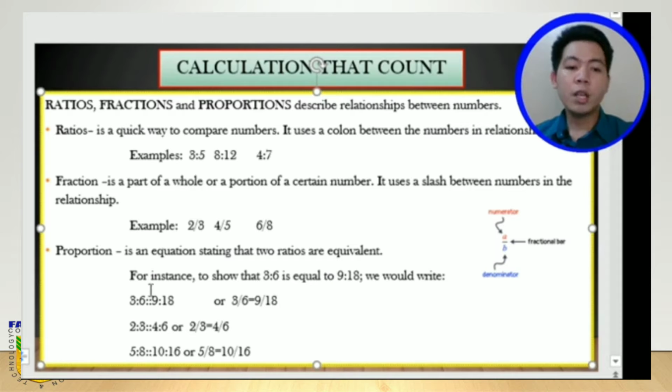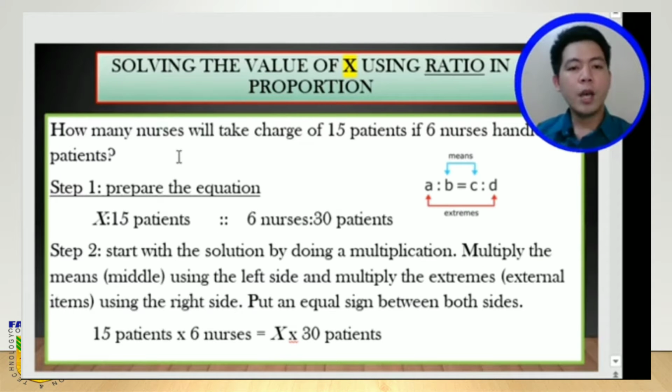Meron ka ditong double colon na kapag proportion. Alright? So, next naman we have 5:8 as 10:16 or 5/8 is equal to 10/16. Alright? So, ganyan po yung pagsulat at pagbasa ng ratio, fraction and proportion. Now, dire-diretso na po tayo for solving the value of x using ratio and proportion.